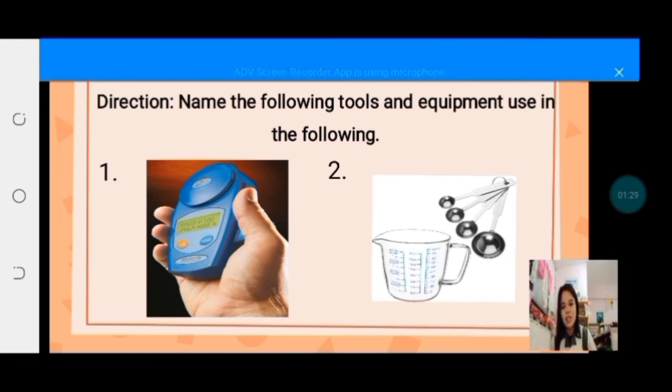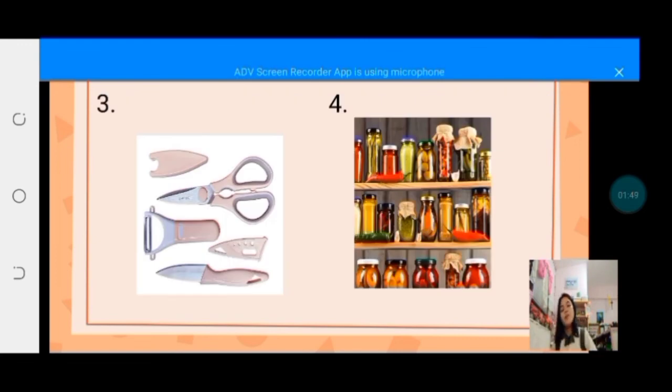Okay, what is the answer to picture number 1? Okay, very good. It is a salometer. How about question number 2? Okay, very good, class. It is a measuring tool. Question number 3. Anyone? Okay, very good. It is a cutting tool. How about question number 4?